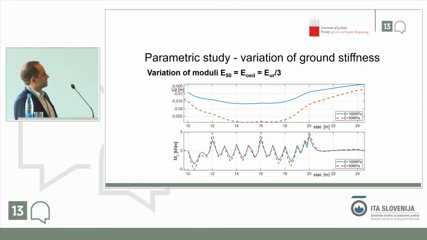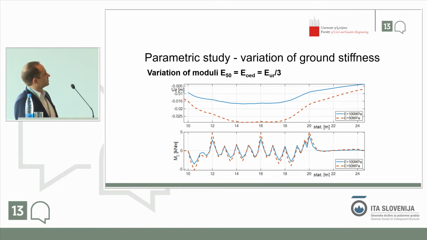Now, with regards to the variation of ground stiffness, in this particular case, we had two different cases. We have the blue line with more stiff soil or ground, 100 megapascals, or E50. And the red one with 50 megapascals, so approximately 2 times more flexible soil.